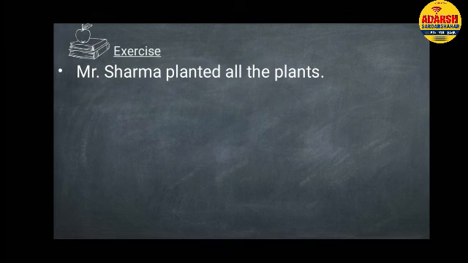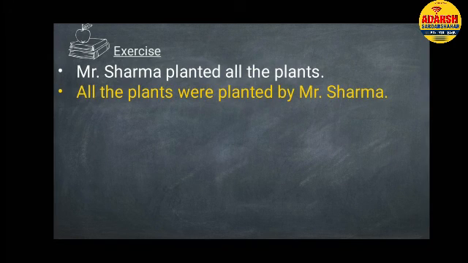Now we put subject in the place of object and object in the place of subject. Then we put by before our subject, use verb third form and put the correct helping verb also. So let's see that its passive is: all the plants were planted by Mr. Sharma.